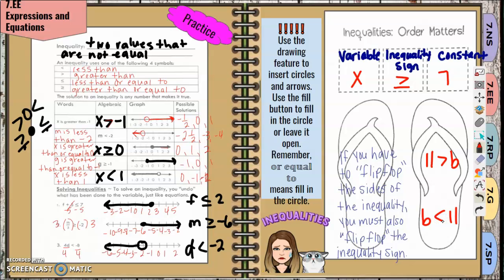So 11 is greater than B is the same thing as B is less than 11. So if the inequality sign is open to the constant when the variable's on the right, then when I flip it, the inequality sign has to be open to the constant when the variable's on the left.